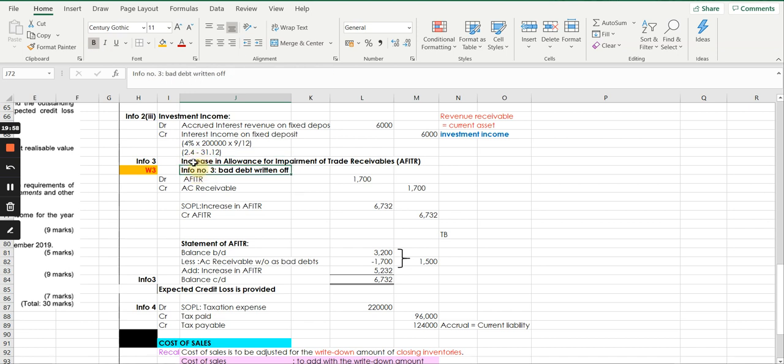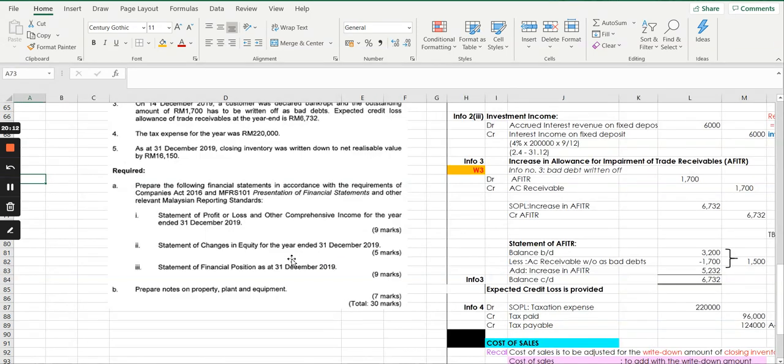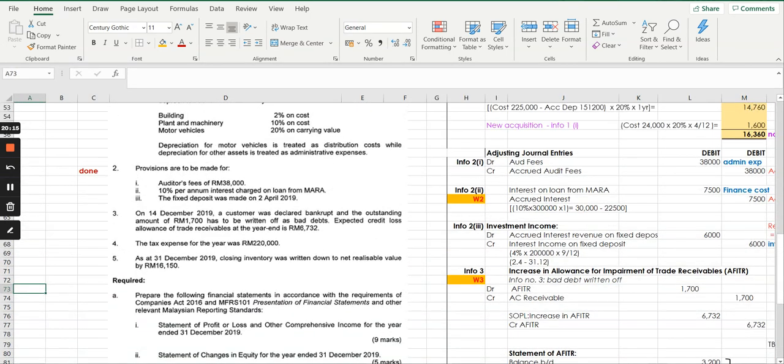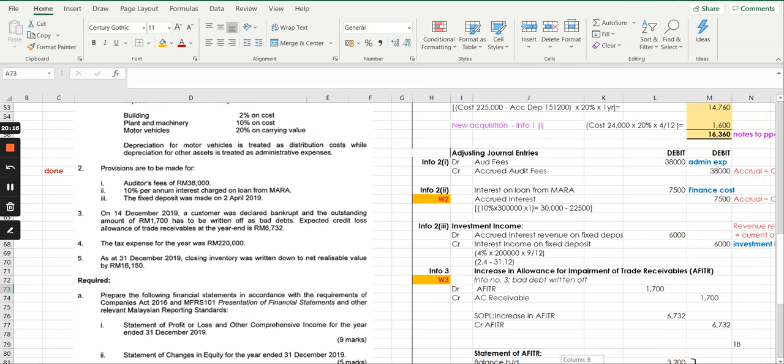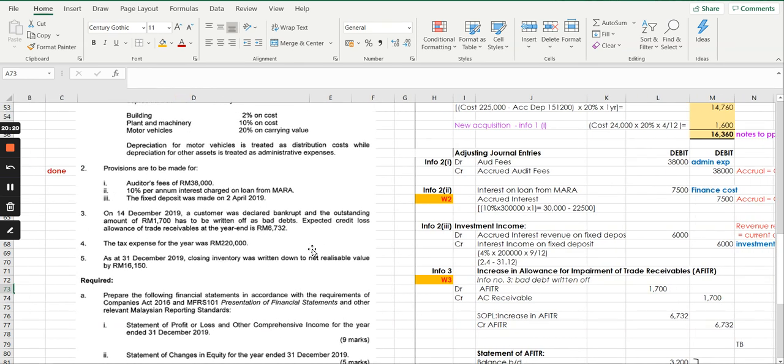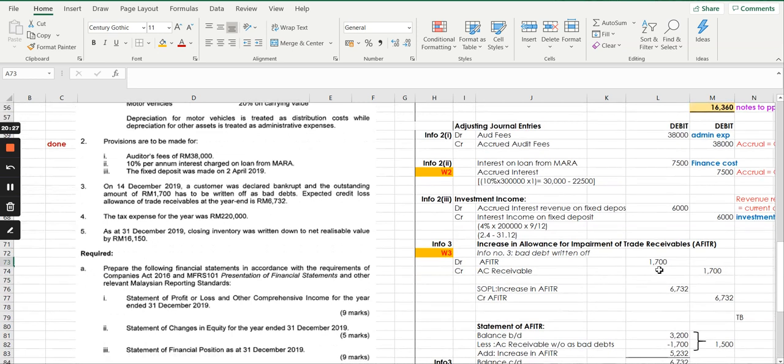So we are looking at information number 3 on bad debts written off. What do we write off in terms of journal entry? With the amount of 1,700, you are going to debit your allowance for impairment 1,700, so the allowance has to be reduced.